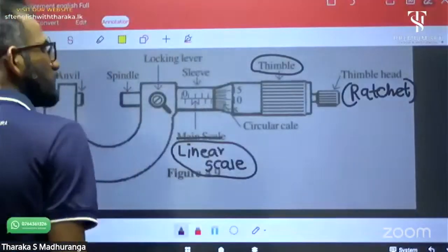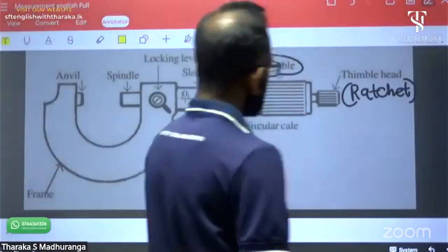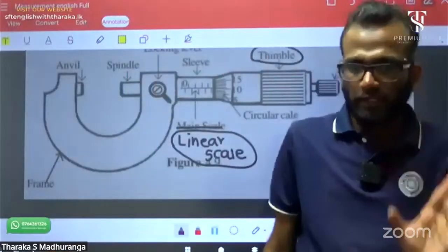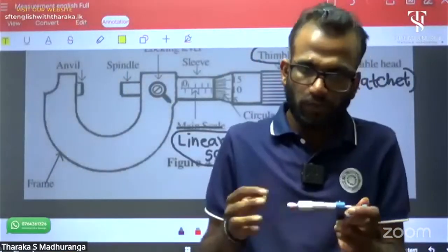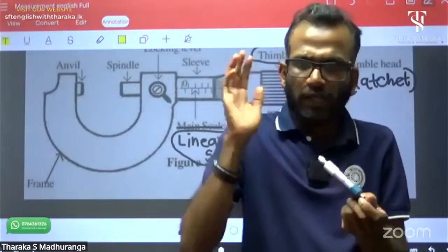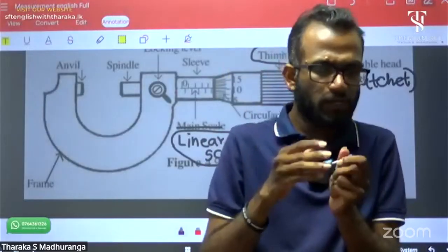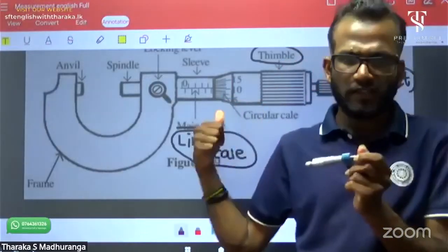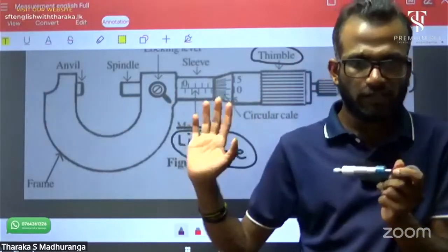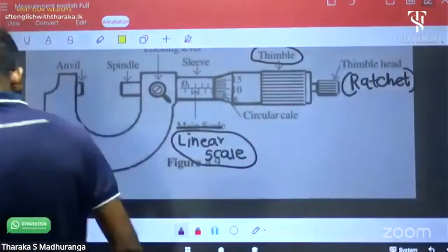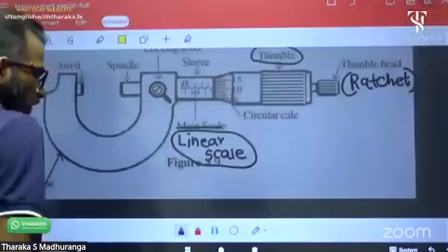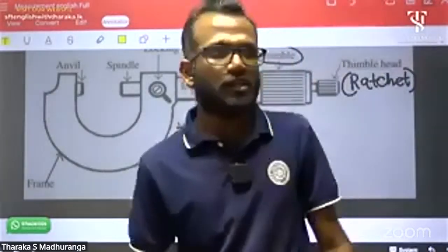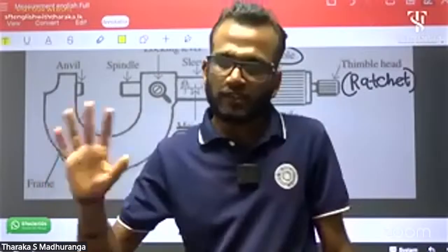Now, I will show you how to get any measurement using my micrometer screw gauge, and I will show you the advantages of using this micrometer screw gauge in practice. Then we can discuss the theory parts and you can easily understand. Many physics lessons are practical lessons.